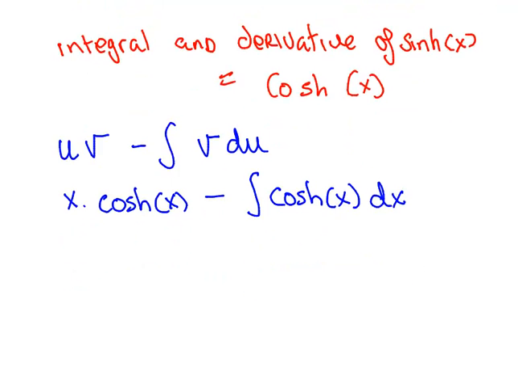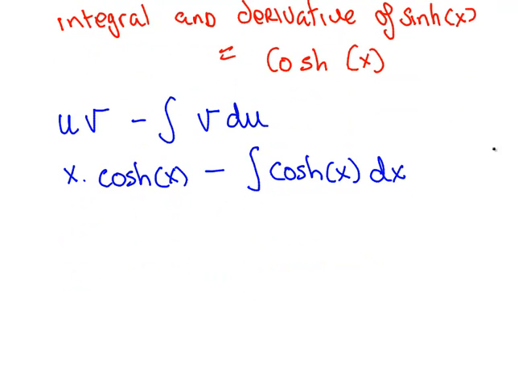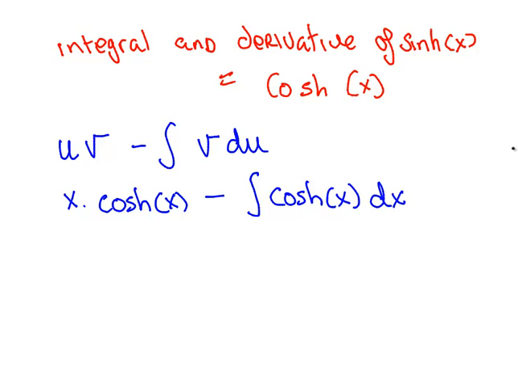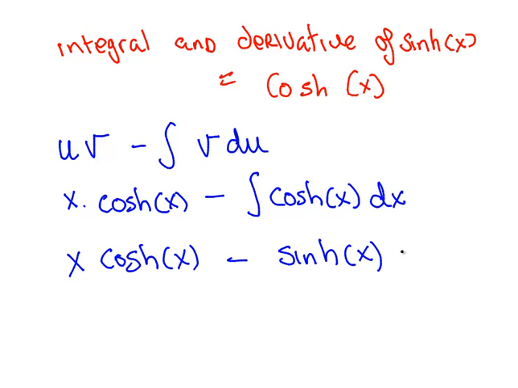As we said before, the integral and derivative of sine is cos. Likewise, the derivative and integral of cos is sine. So the answer to this one is x cos x minus sine x plus c. That is the integral that we're looking for.